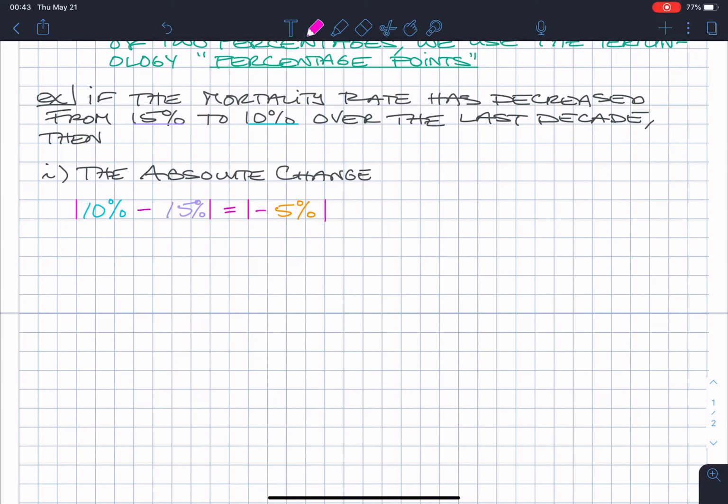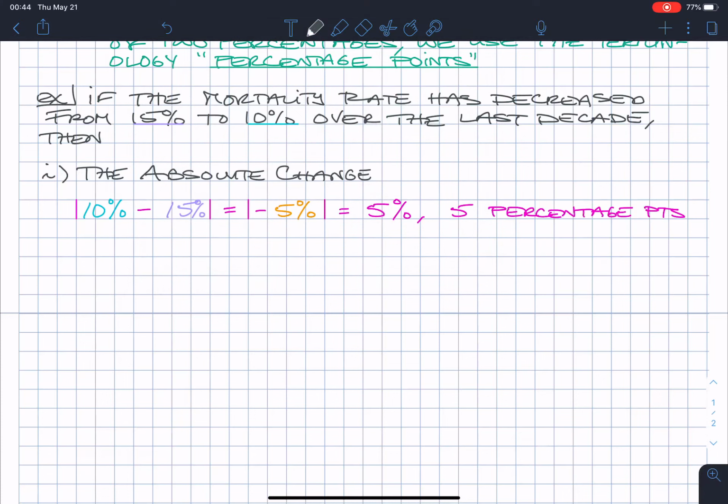Remember, that's a distance, so it has to be positive. So it's going to be 5%. And this is called 5 percentage points because it's the absolute change.